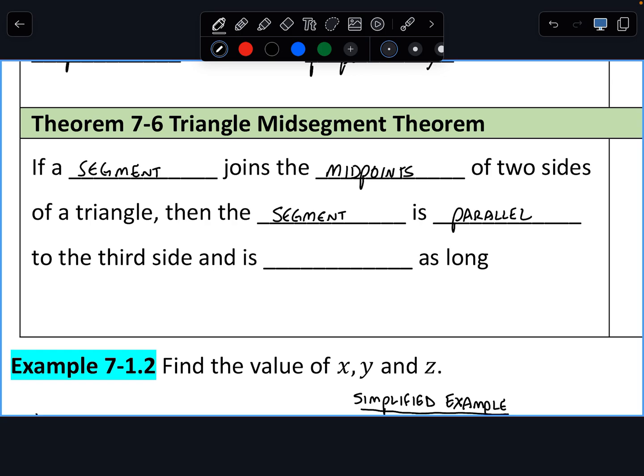And then that mid-segment is also going to be half as long as that third side.